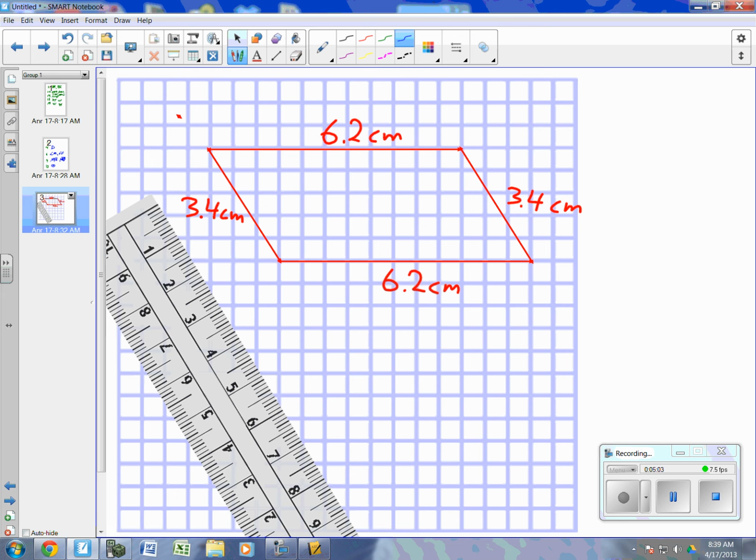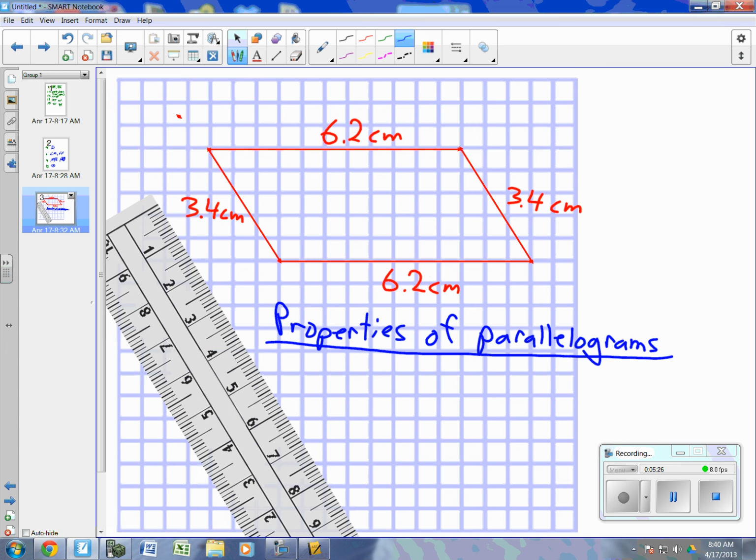Opposite sides are congruent. So I want you to write this down somewhere on the back side of that paper. I want you to write properties of parallelograms. And number one, opposite sides are congruent.